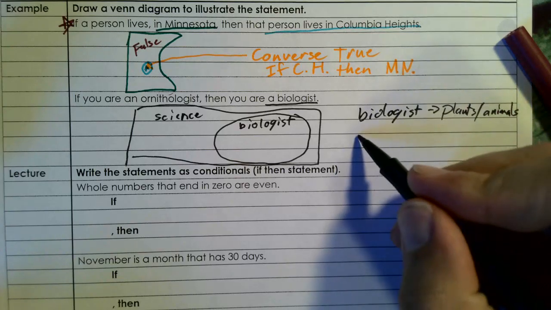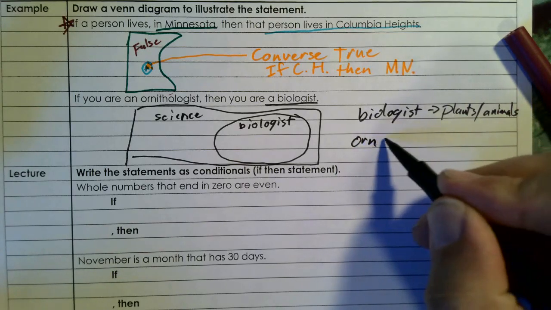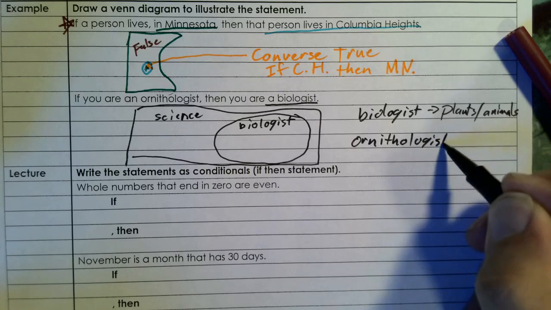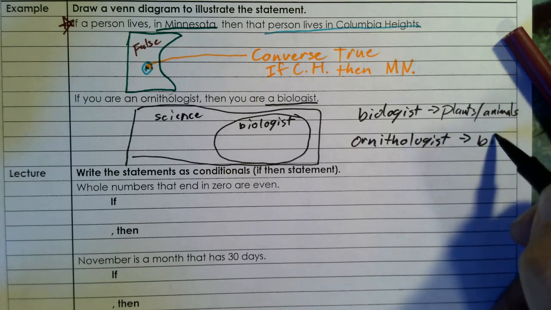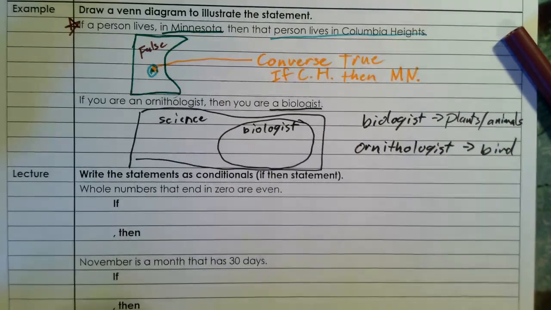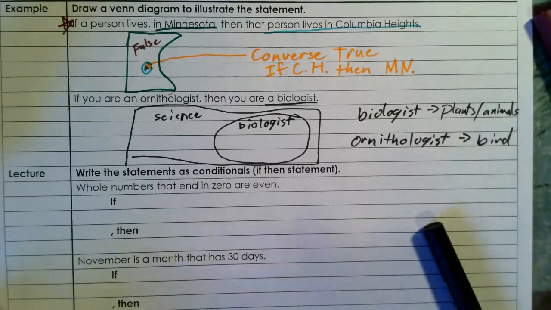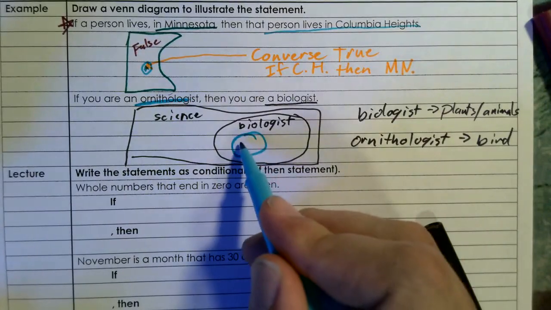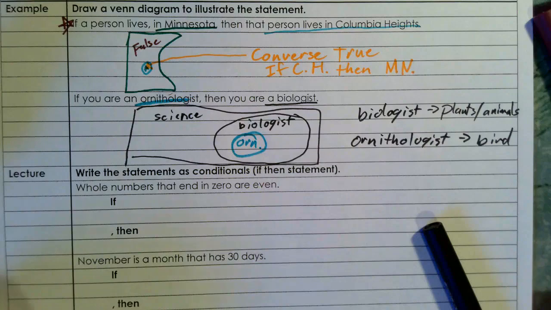And an ornithologist studies birds. So like a bird watcher, they are an ornithologist. They like birds. And hey, a bird's a type of animal. So then we could put our ornithologist right in here. So this is our ornithologist. They've got to be inside of that bubble.